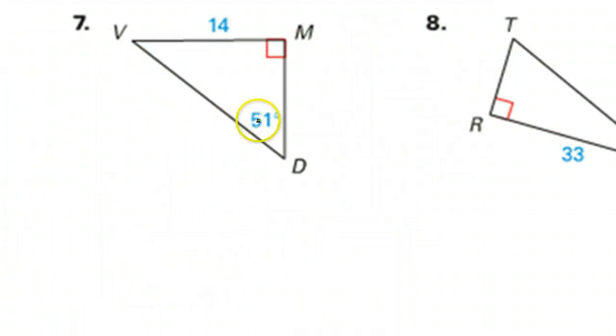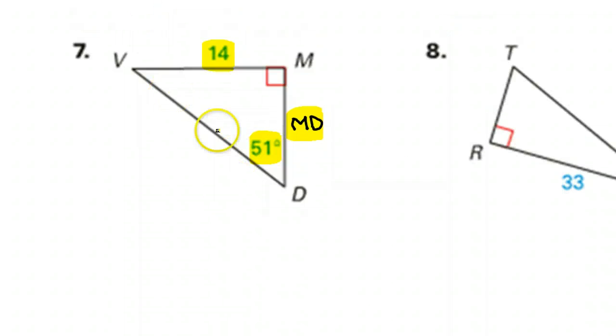All right, looking at number 7. We need to find 2 missing sides and 1 missing angle. I'm going to go ahead and try to find MD first. Just for fun, I'm going to put a little MD here to remind me that that's what I'm all about. So I have this angle, I have this side, and I'm looking for MD.